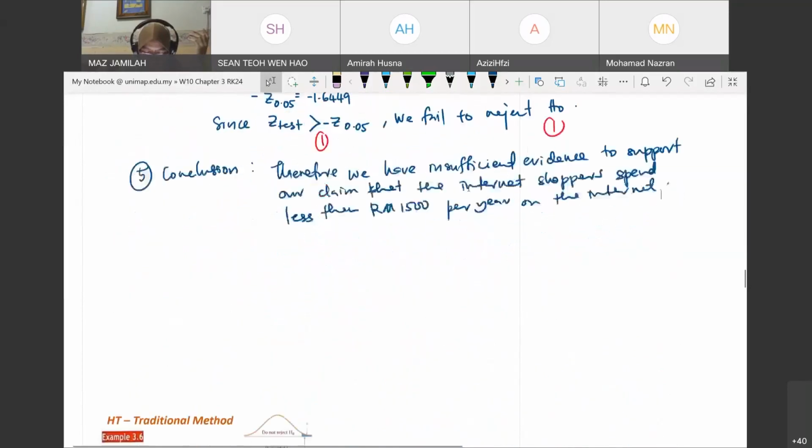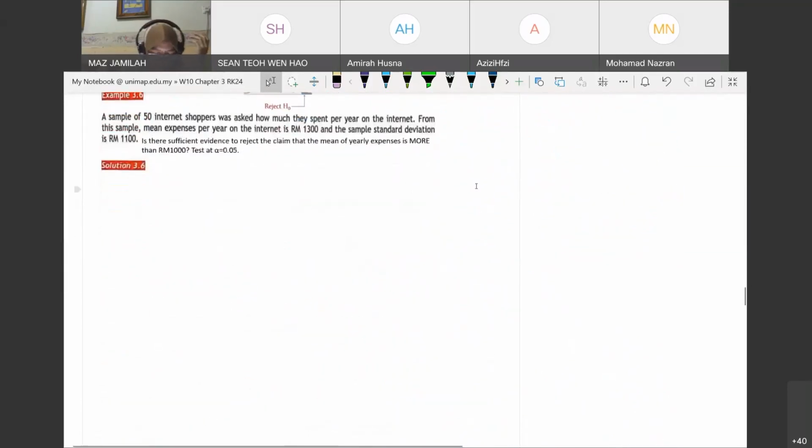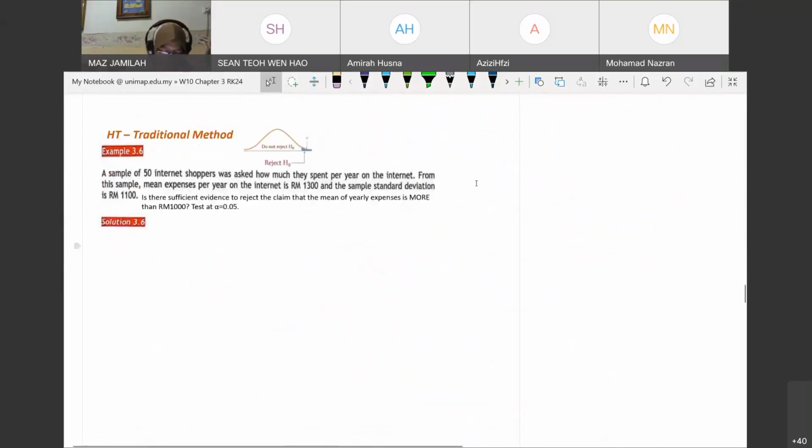What if you have a right tail test? Okay, so let's say we skip the first step, but it is important because I want to show you how it becomes the right tail test. The first one would be your statement of your null and alternative hypotheses. Your question is: is there sufficient evidence to support the claim that the mean yearly expenses is more than 1,000?